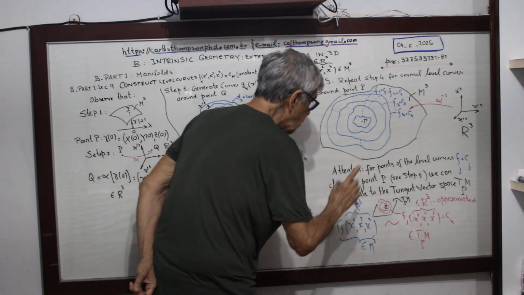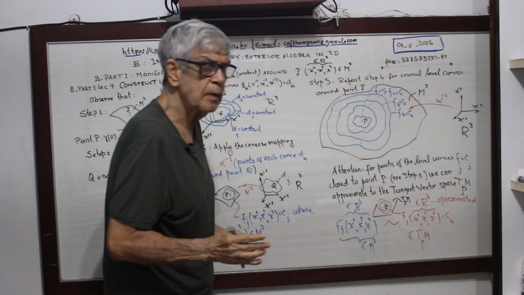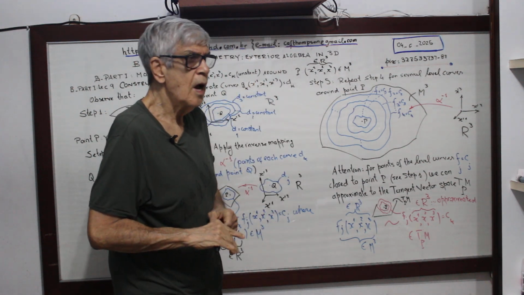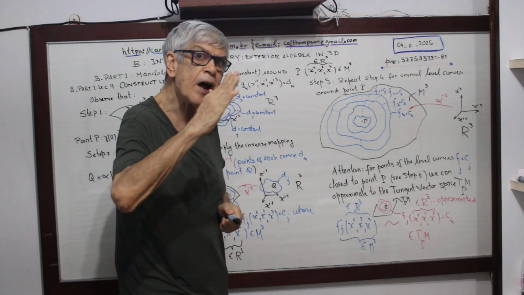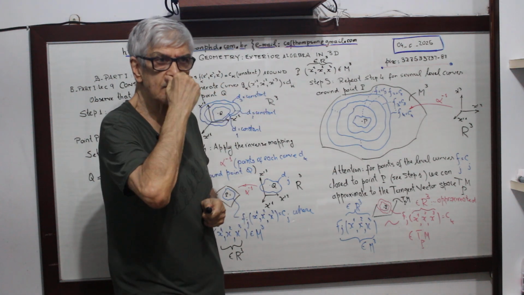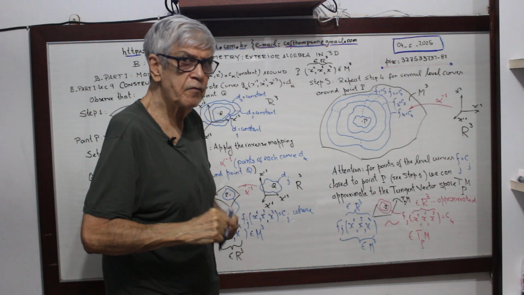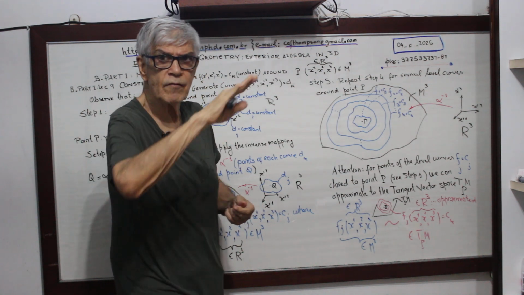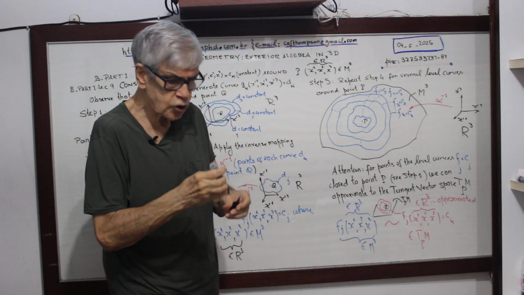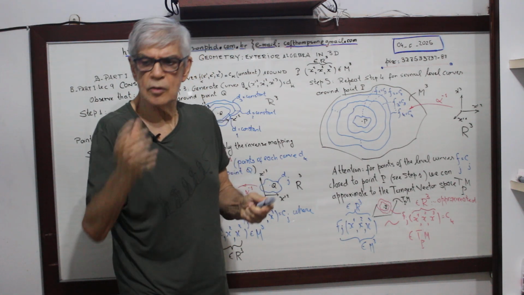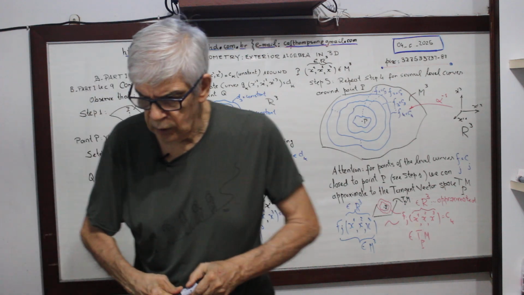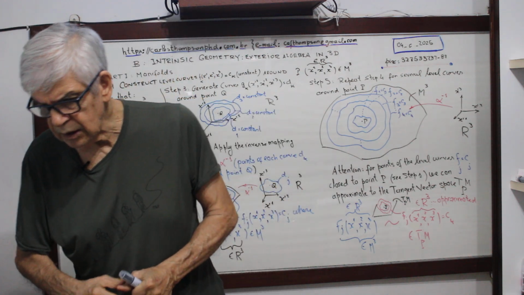Now, attention. You remember, in the previous lecture, I just obtained the vector space, and in the vector space, I have points which approximate points on the manifold. You see, we can see clearly.